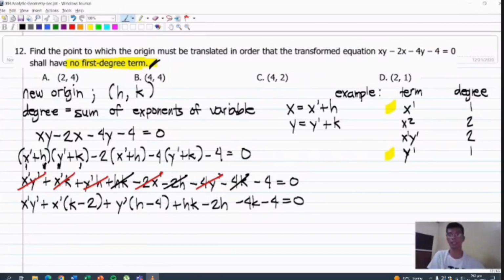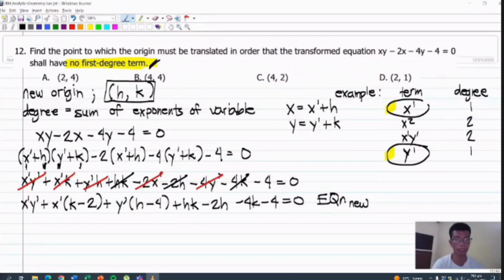So, pinapahanap sa atin ulit to which the origin must be translated, and that is the origin hk. Kailangan malaman natin ano si h and k. And sa ating bagong equation, so this will be our new equation, kailangan maalis natin yung first degree term, and sila lang yung mayroong single variable y prime and x prime.